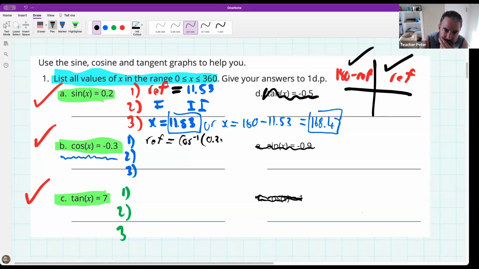The thing that some of you might get caught out with is that when you find the reference angle, you need to use a positive value, not a negative value.